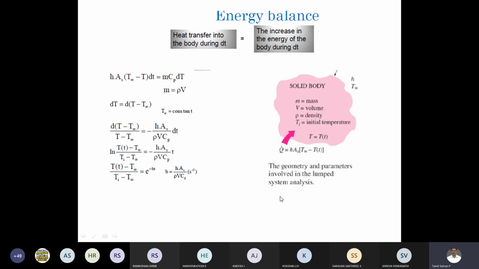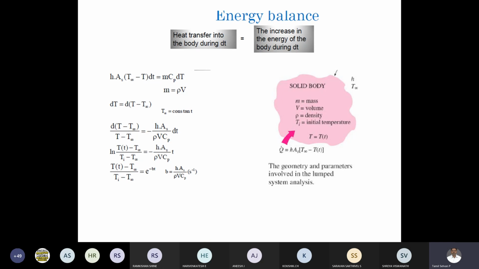So in that case, you have this expression hA del T, which is equal to m Cp. There is one more step which is missing, let me write it out. It's a very simple expression. Heat transfer to the body during dt is equal to the increase in the energy of the body during dt, or in other words, the heat lost by the body is equal to the decrease in the energy of the body.